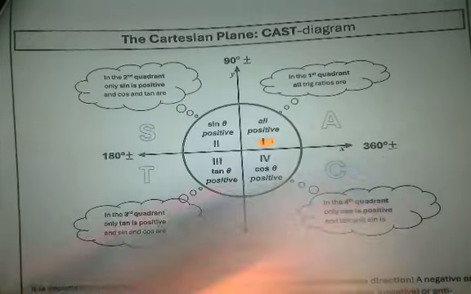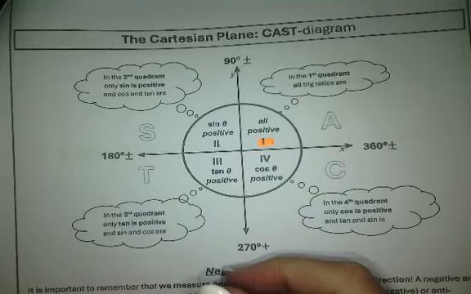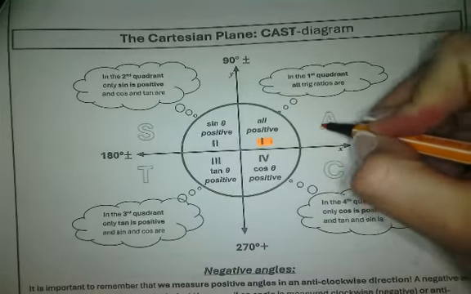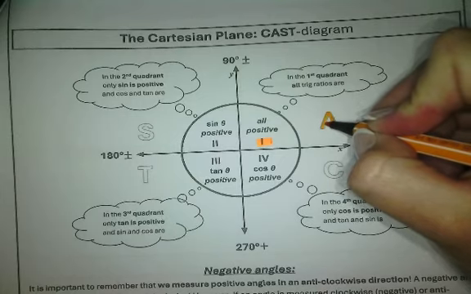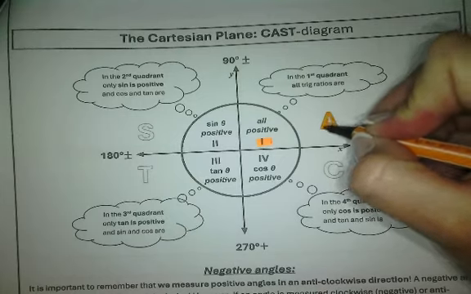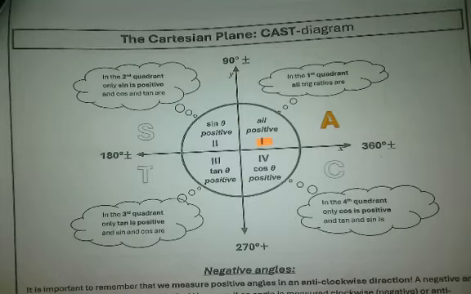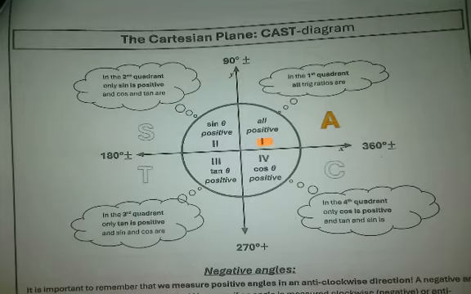Okay, so quadrant 1. And quadrant 1 is where you have an A. Okay, what does that A stand for, grade 10s?